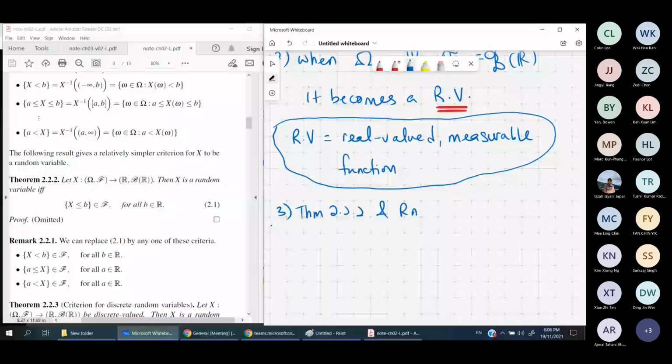Supposing we have a function X from a sample space omega with sigma field F to R with Borel sigma field.